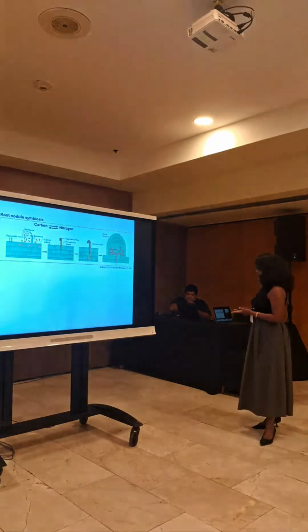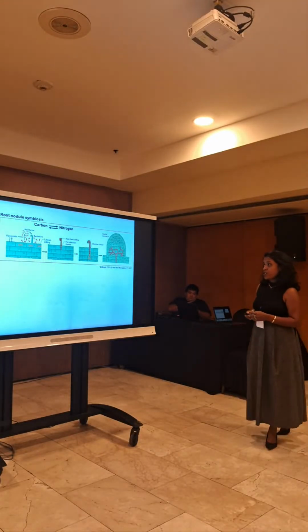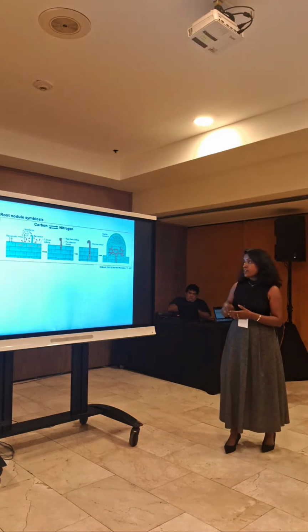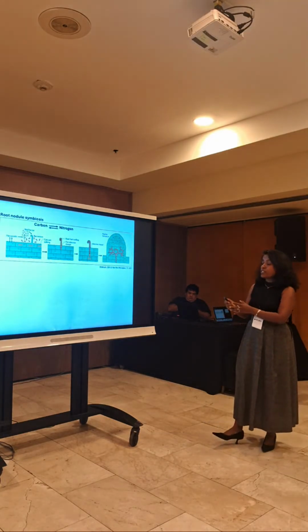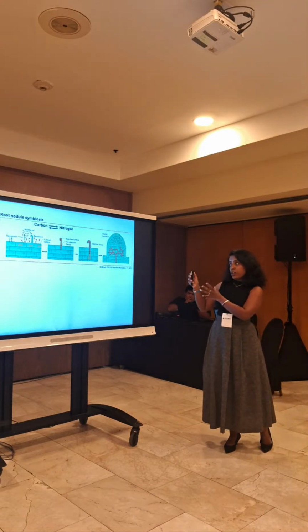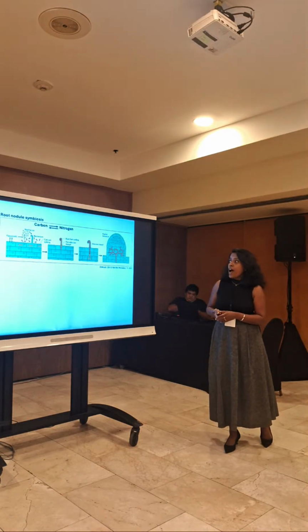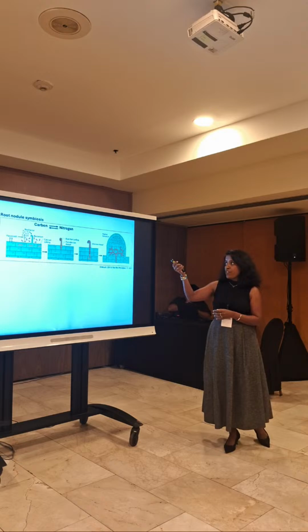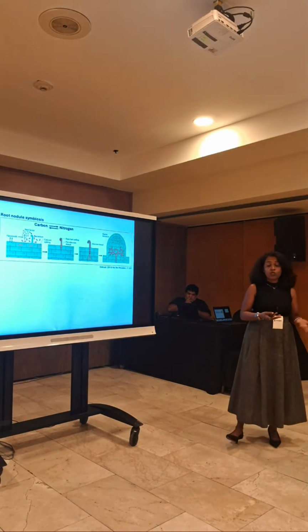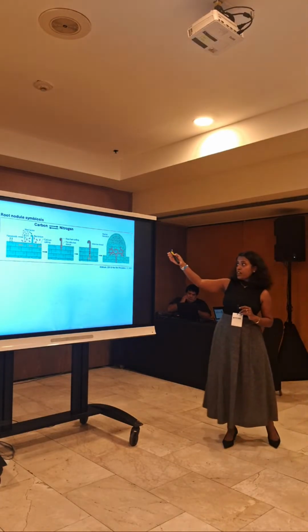Next, coming to the symbiosis part, very briefly I would like to introduce the process of symbiosis. Legumes are the plants which are capable of getting into this kind of symbiosis, and the entrance of the symbiont is through the root hairs. The plant produces flavonoids and the bacteria produce nod factors. There is a chemical dialogue between the host and the symbiont, and then the symbiont is trapped in the root hair.